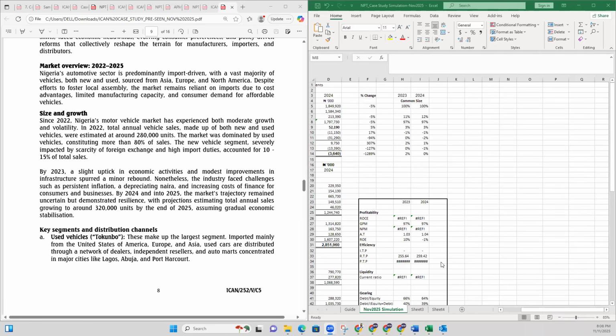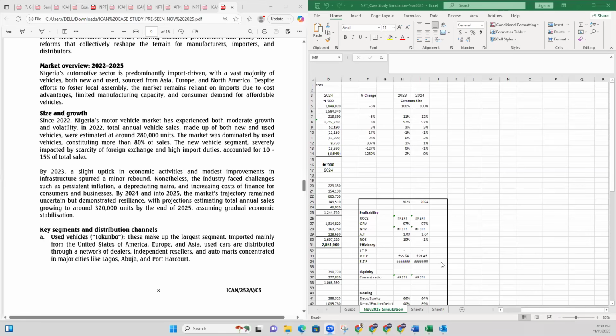The new vehicle segment, severely impacted by scarcity of foreign exchange and high import duties, accounted for 10 to 15% of total sales. By 2023, a slight uptick in economic activities and modest improvements in infrastructure spurred a minor rebound.